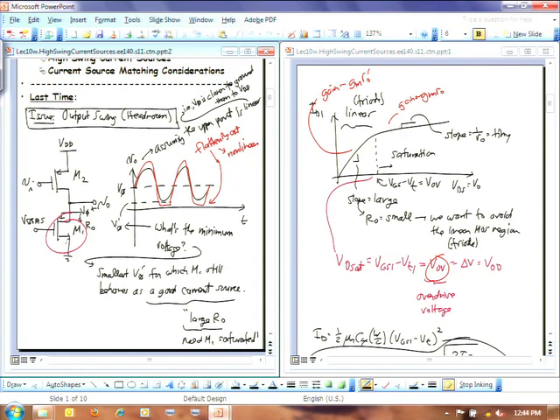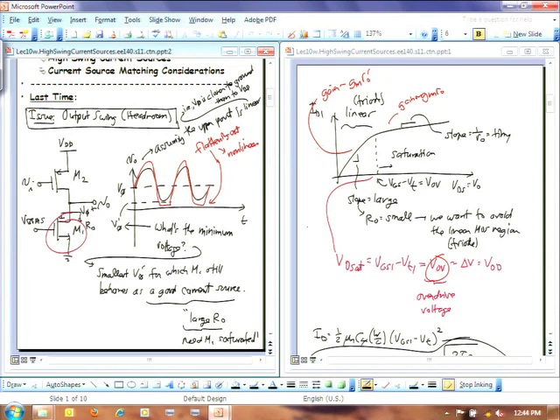The VDS becomes smaller than what's called the VDSat, or the overdrive voltage, which is the minimum voltage that VDS has to be in order to keep that transistor saturated. So if V naught here falls below an overdrive voltage, VOV, across M1, then M1 is going to go from this region, which is saturation, to this region, where you see the smaller VDSs here. And so suddenly its slope is going to change. Okay?